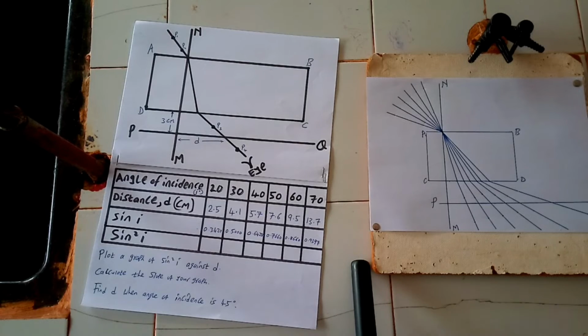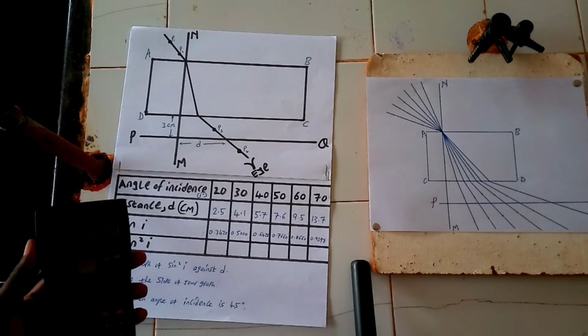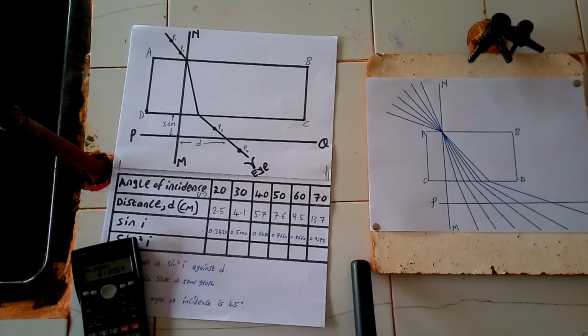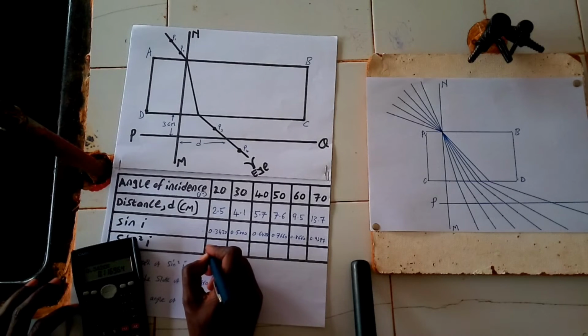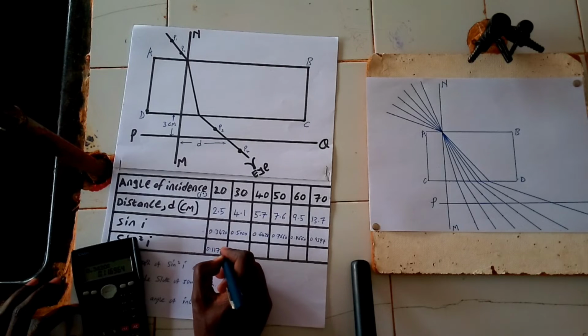So viewers, we can find now the sine squared. So that means we start with 0.3420 squared. That gives us 0.1170.